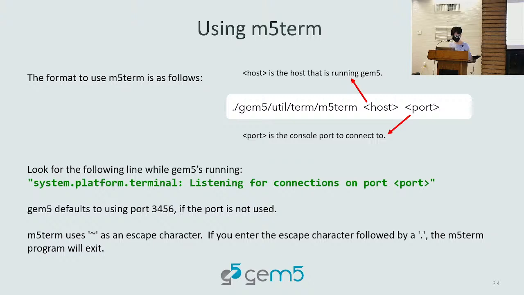By default, gem5 is going to use the port 3456, and it will run up until it finds something available. And there are special characters to escape or to exit, like dot. If you're interested, you can see the documentation for this purpose.